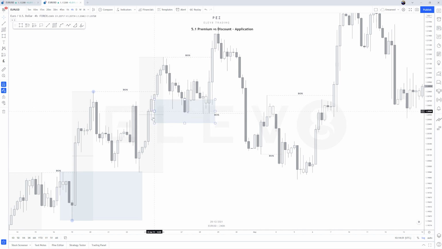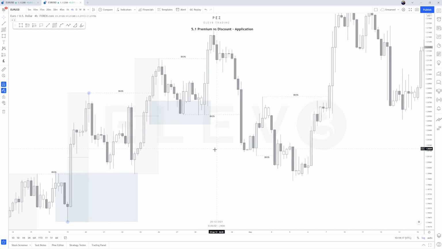So this wick here swept liquidity, and it flipped this supply. So it could be a good level to trade from, and it's obviously not in discount, but that's fine.